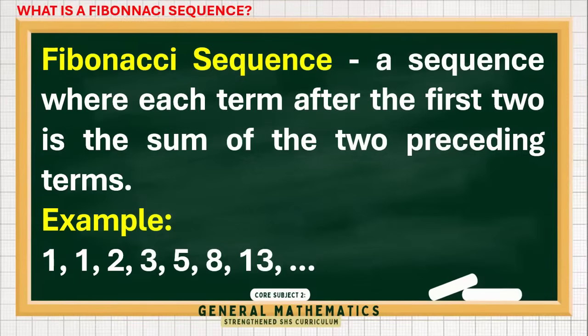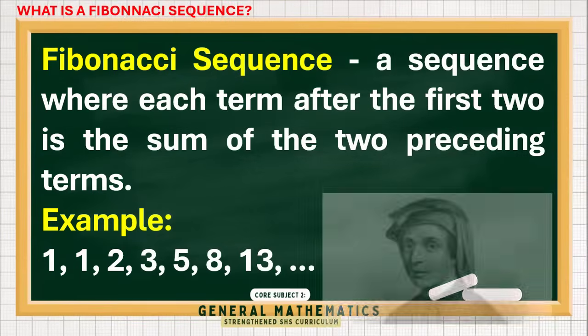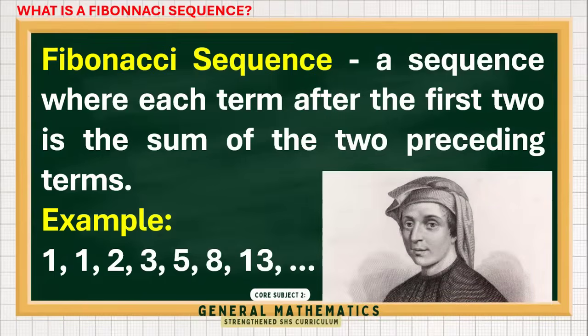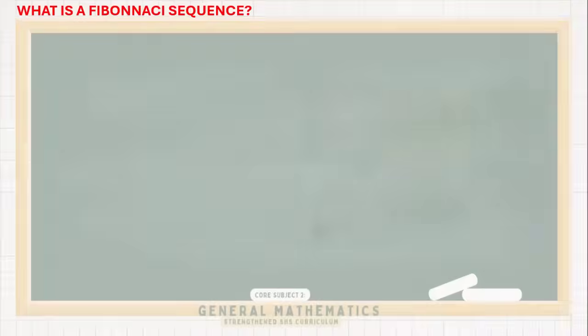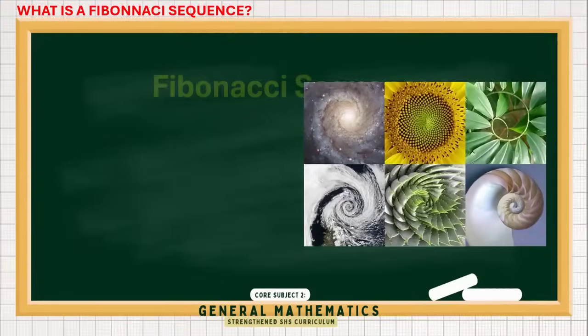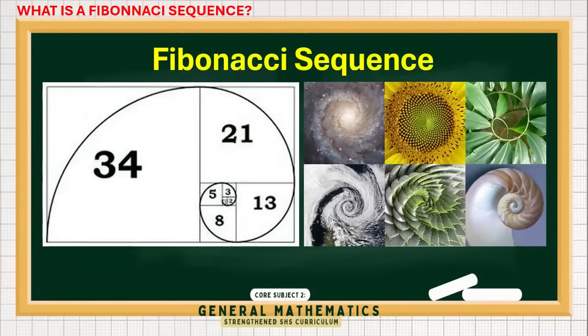The Fibonacci sequence is named after Leonardo Fibonacci, a 13th century Italian mathematician. Sometimes the Fibonacci sequence is also referred to as the golden ratio.